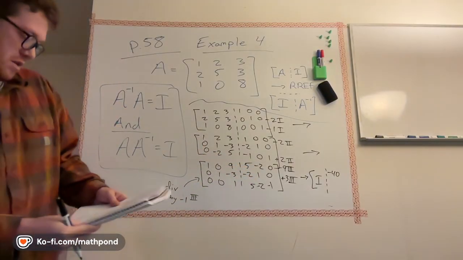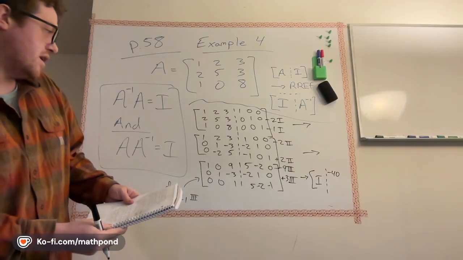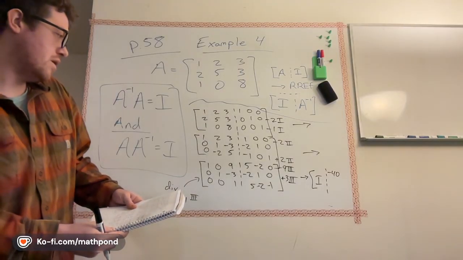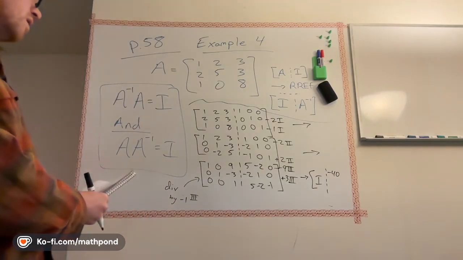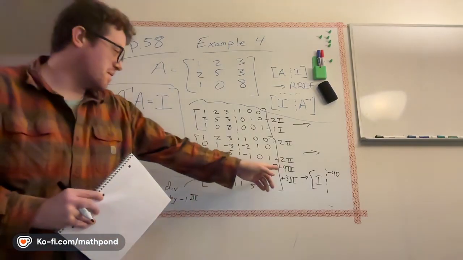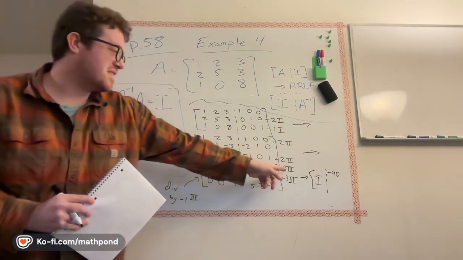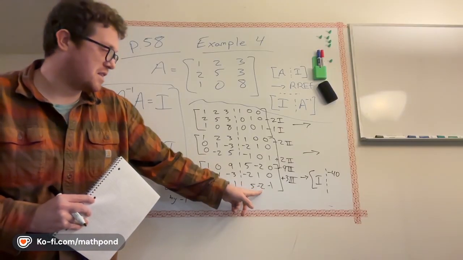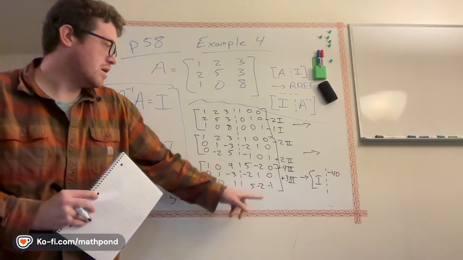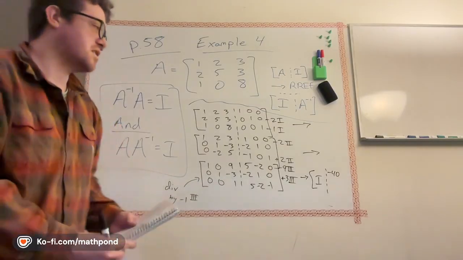Or sorry, wait, negative 2. Oh, I'm doing the wrong one. Okay, so negative 2 minus 9 times negative 2. So positive 18 minus 2, which is 16. That's right.